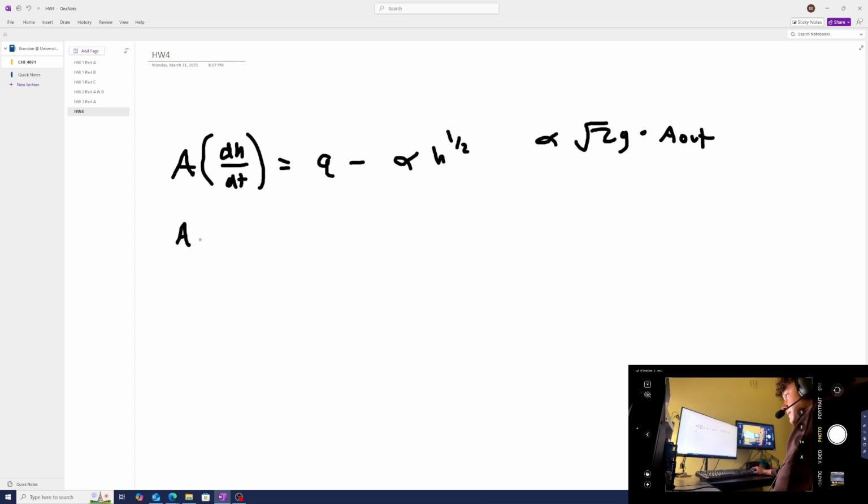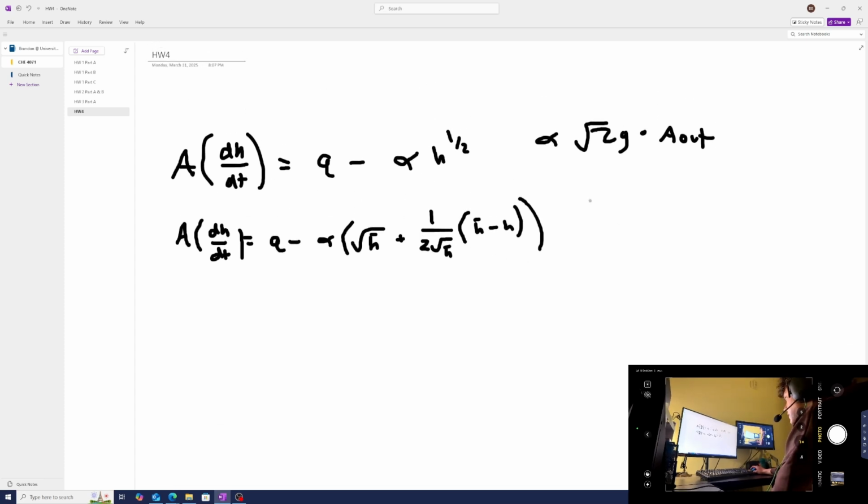So our A times dh/dt is going to be equal to our q minus alpha multiplied by the square root of our h bar, so our steady state h condition, plus we will have our derivative of this, so 1 over 2 square root of h bar multiplied by our steady state condition minus what we're at now, so h.